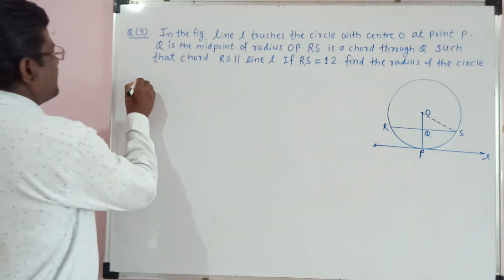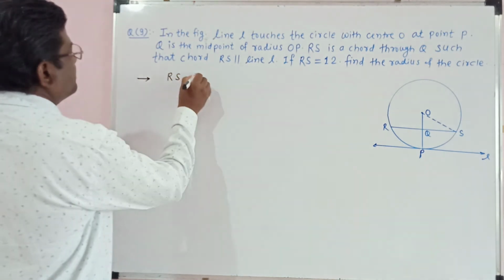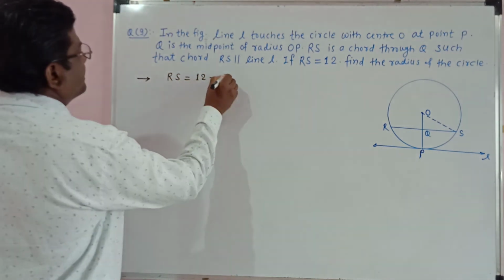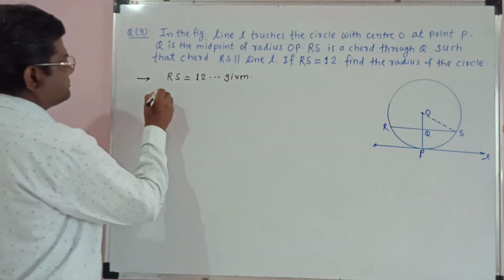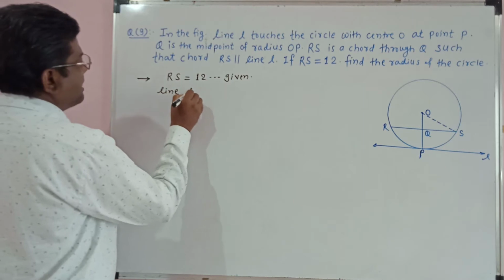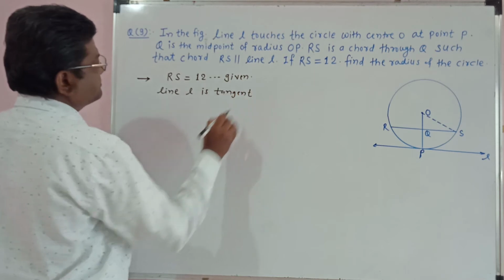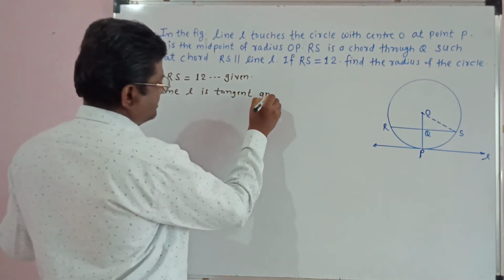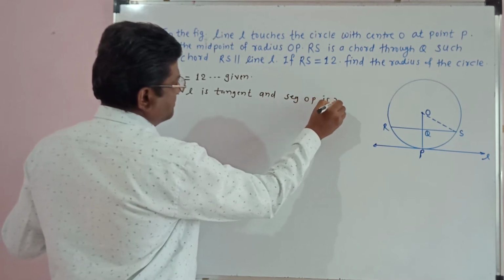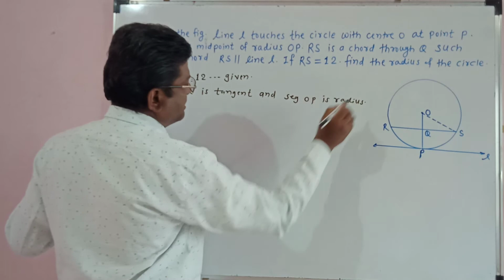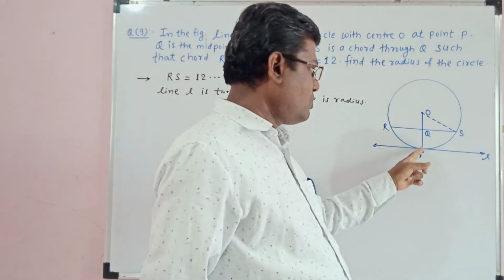So let's solve this example. RS is equal to 12. It is given. Then line L is a tangent and segment OP is a radius.